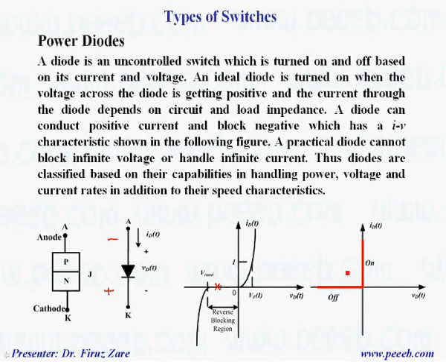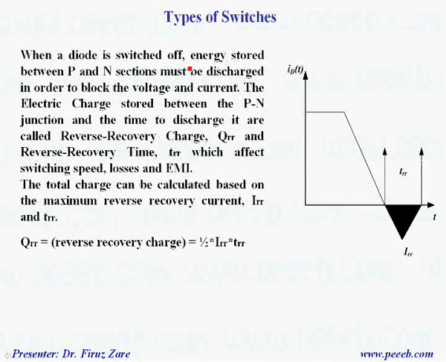So that's why we can see that the diode conducts in this quadrant. That means it can conduct positive current when it turns on, and it can block negative voltage when it's off. When a diode is switched off, the energy stored in the p-n junction must be discharged in order to block the voltage and current.